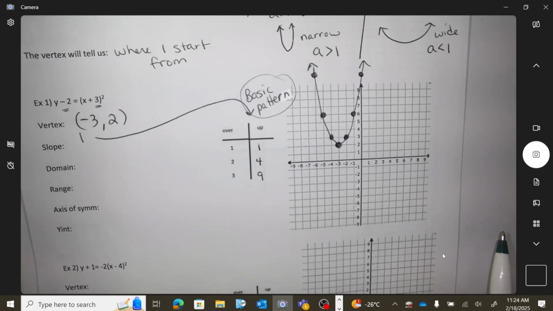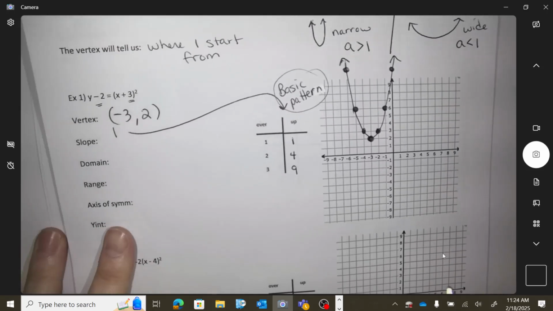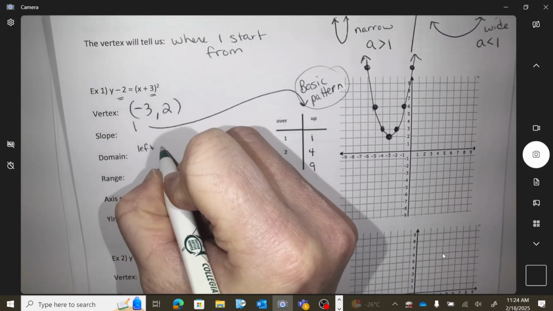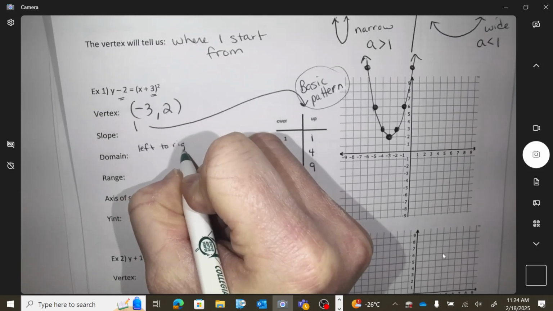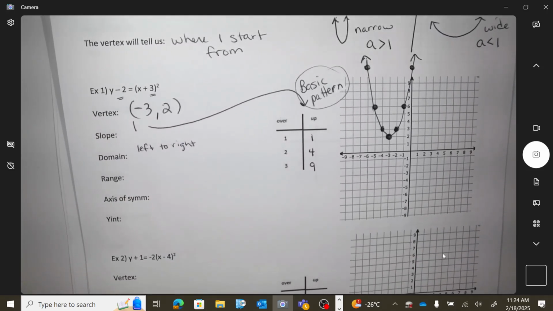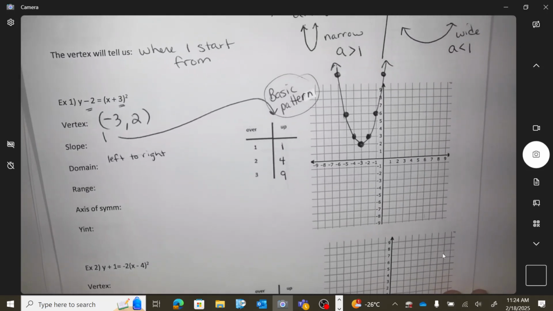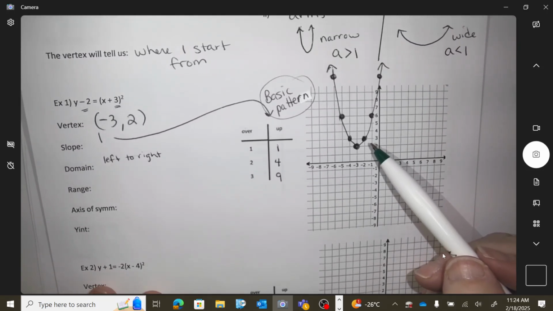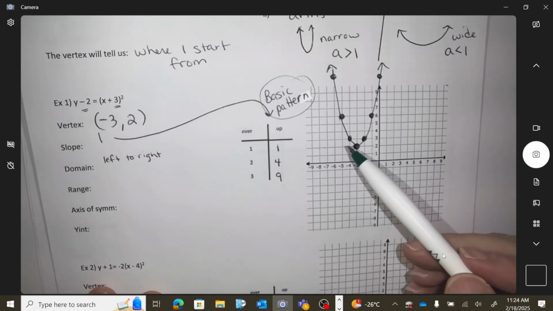Okay, these words, domain and range, you're going to see forever now. Okay, grade 11, grade 12. Domain. My question would be, what does domain mean? What's the left you go to the right you go? So what is this shape doing on the left side? How far left would I go?